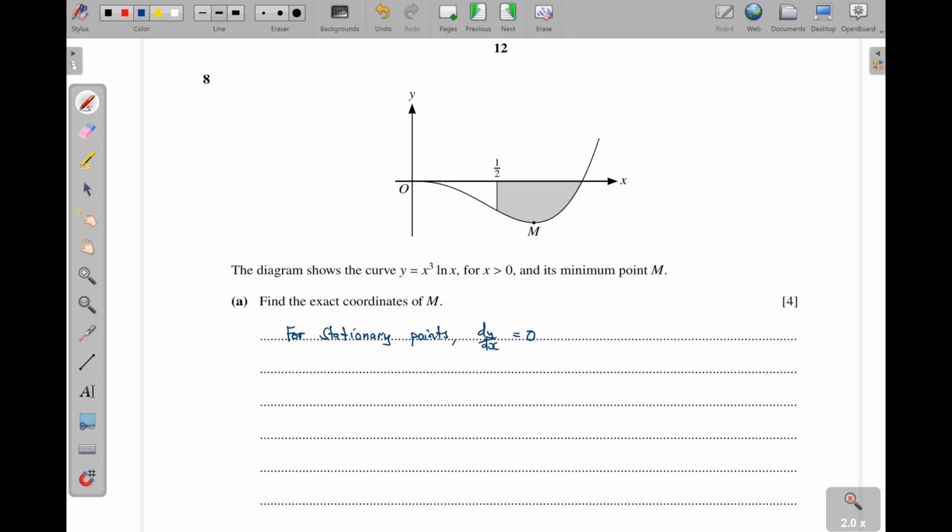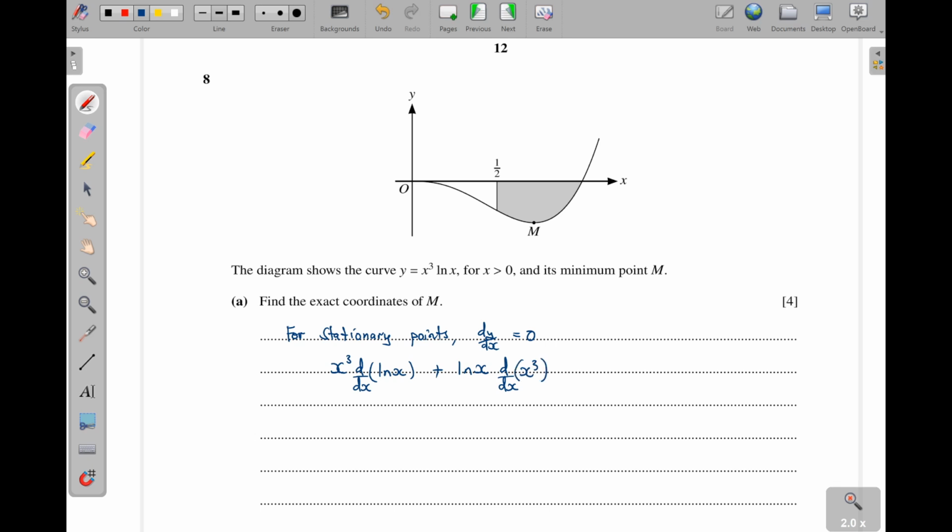Now we are going to differentiate this, but we are going to use the product rule because this is a product of two functions. So I will keep this one constant, then differentiate natural log of x, and then I will add natural log of x here, then I differentiate this x cubed.